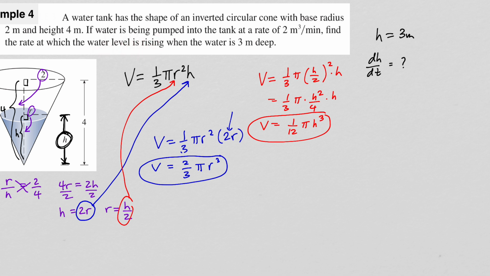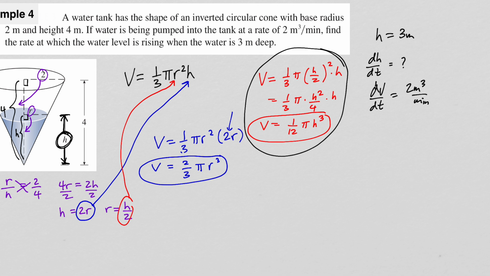Now we know that water is being pumped into the tank at 2 cubic meters per minute. This is how fast the volume is changing. So this is dV/dt.